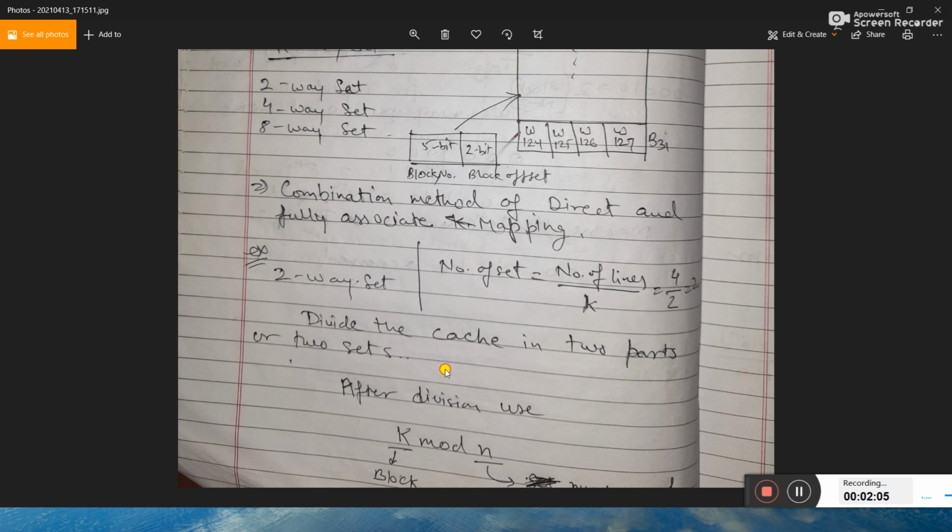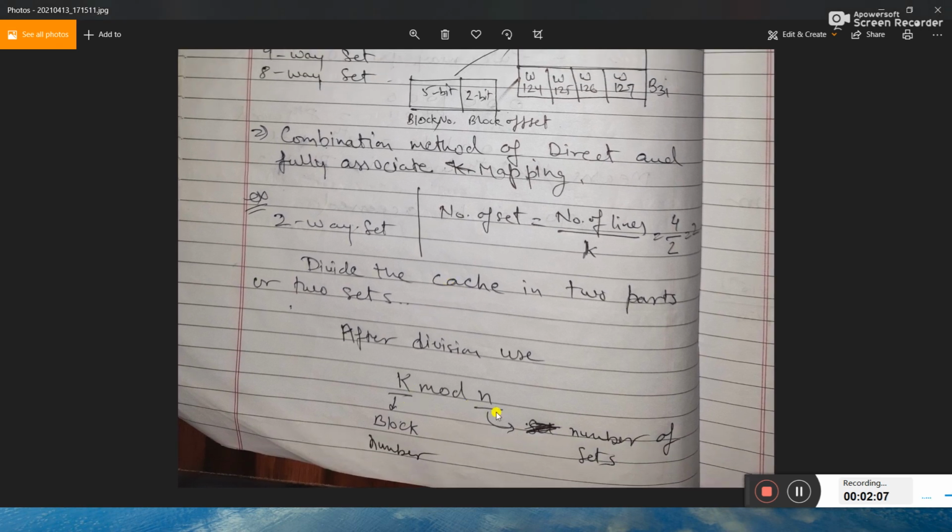After division, we apply k mod n, where k is the block number and n is the number of sets, which is 2.